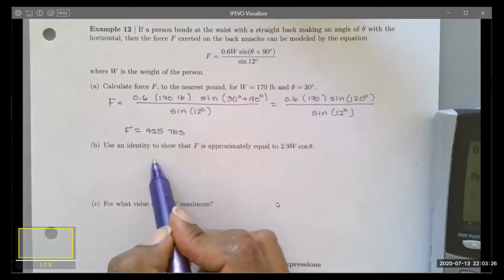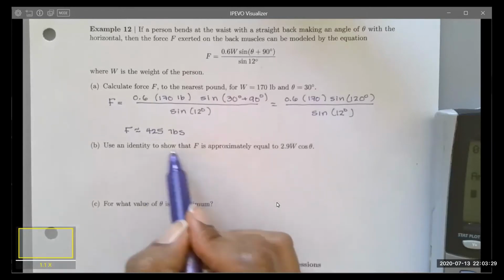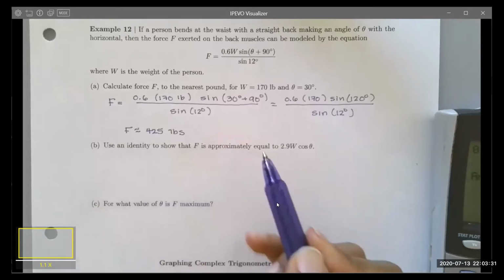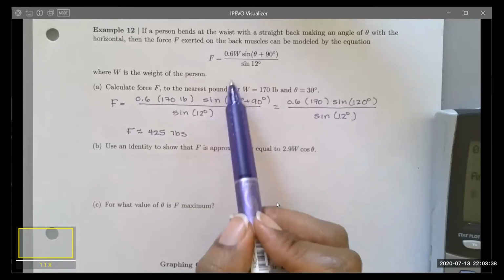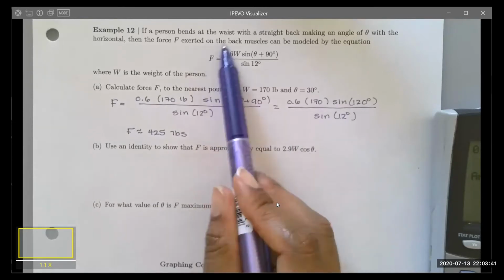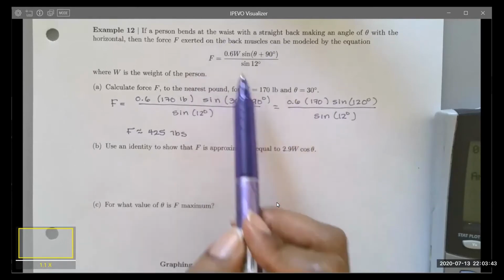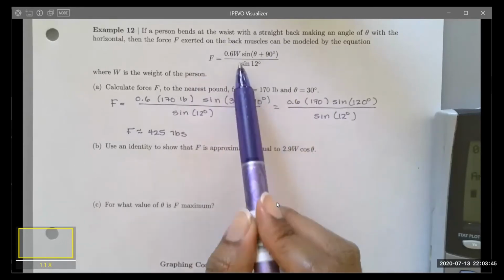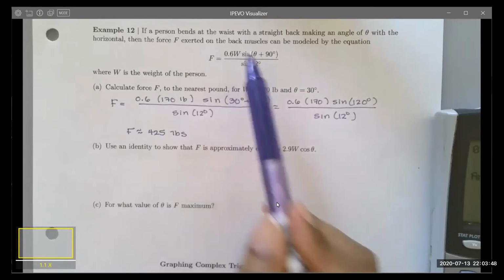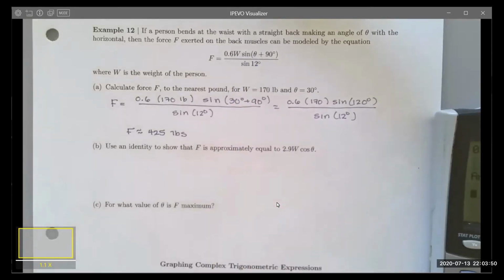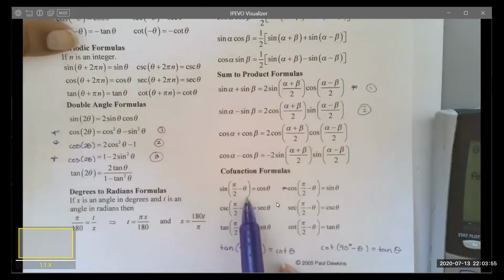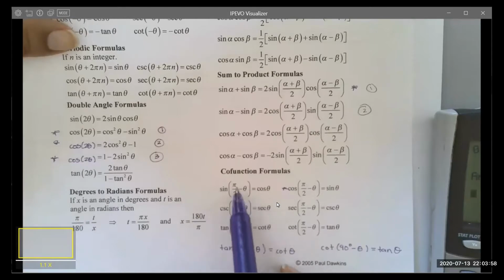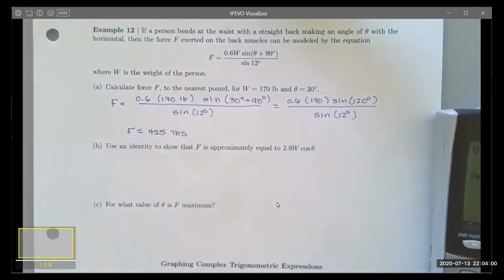The second part, part B, is asking us to use an identity to show that F is approximately equal to 2.9 W times cosine theta. In order to change this equation into something involving cosine rather than sine, we're going to have to rely on our co-function identities, because those are the ones that relate sine to cosine by means of, in this case, subtracting away from the 90 degrees or pi over 2 radians.